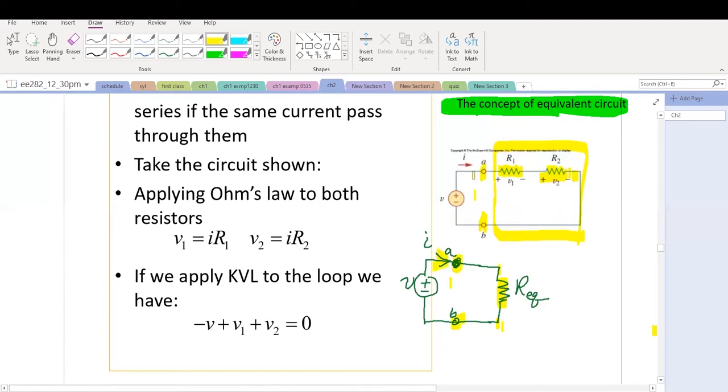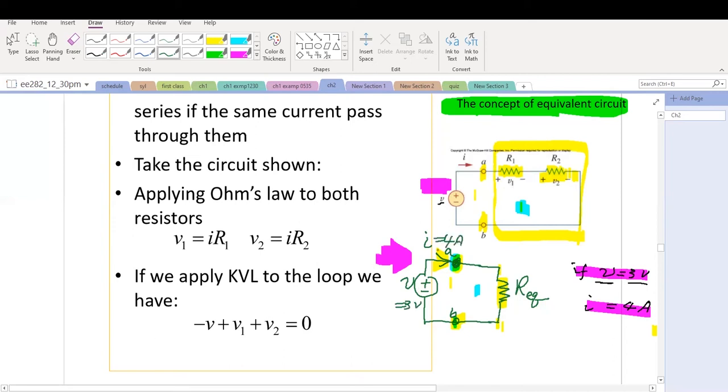If these two conditions are satisfied, then these two circuits are equivalent in terms of terminals A and B. For example, if the value of the voltage here is 3 volts and the value of the current is 4 amps for this circuit, then in this circuit it has to be the same. So V needs to equal 3 volts, and I needs to equal 4A.